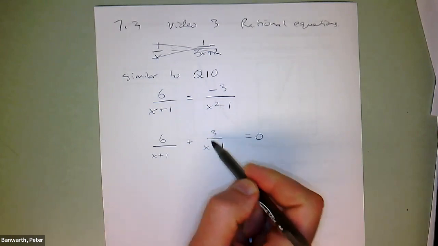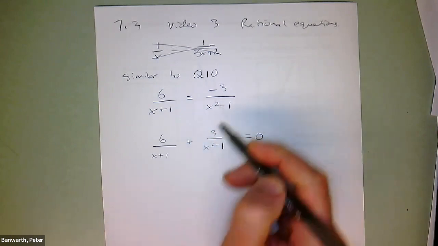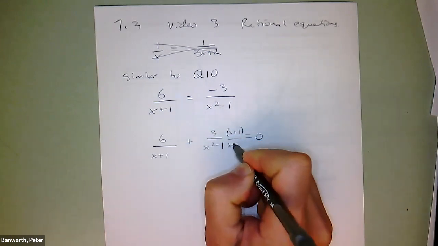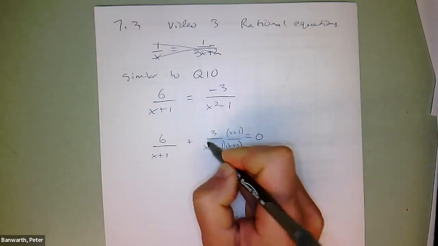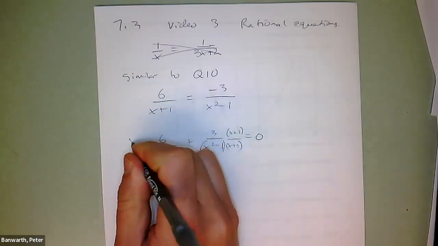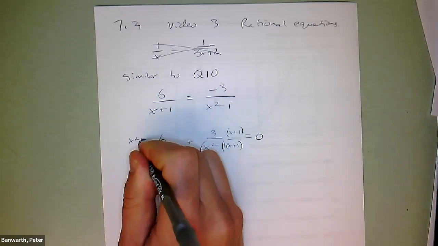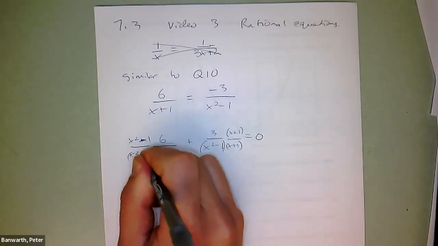Sorry. So 3 over x squared minus 1, I multiply by x plus 1 over x plus 1. And 6 over x plus 1, I can multiply by x squared minus 1 over x squared minus 1.